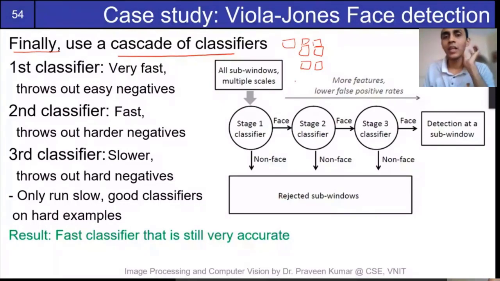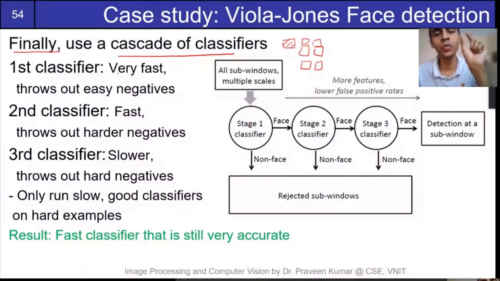So the idea was, for some locations, for example, if you're looking at a sky region, which is just a plain background, you can reject it very quickly, knowing that it is not going to be a face region. So you can use a very simple classifier to do that, probably just one Haar feature to decide that there is no face here. That classifier can be a very fast classifier.